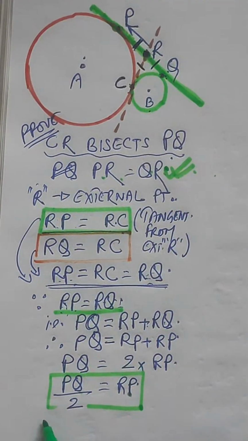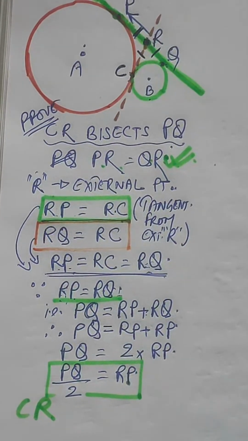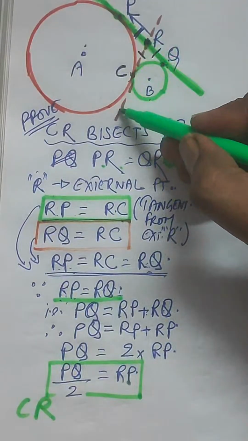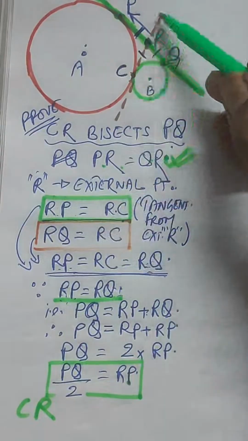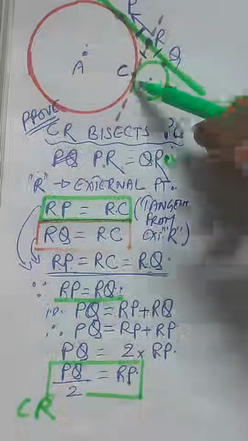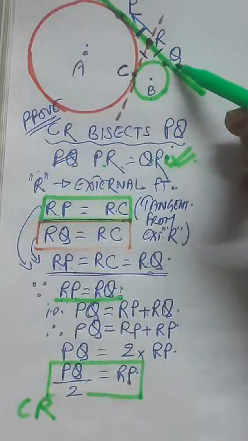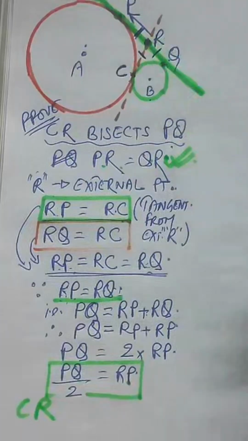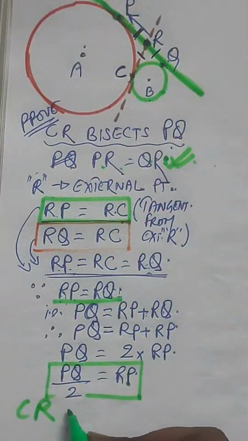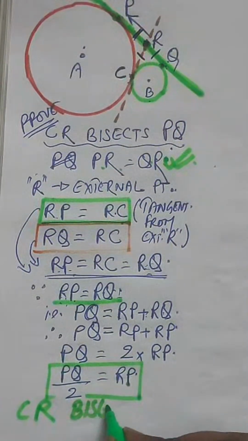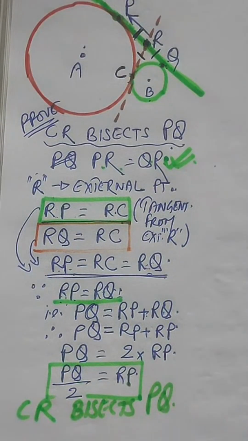In this way we have proved that for both these circles there are two tangents, and the tangent which is crossing through C and intersecting the other tangent PQ at R is bisecting it. So we can say that CR bisects the tangent PQ, right?